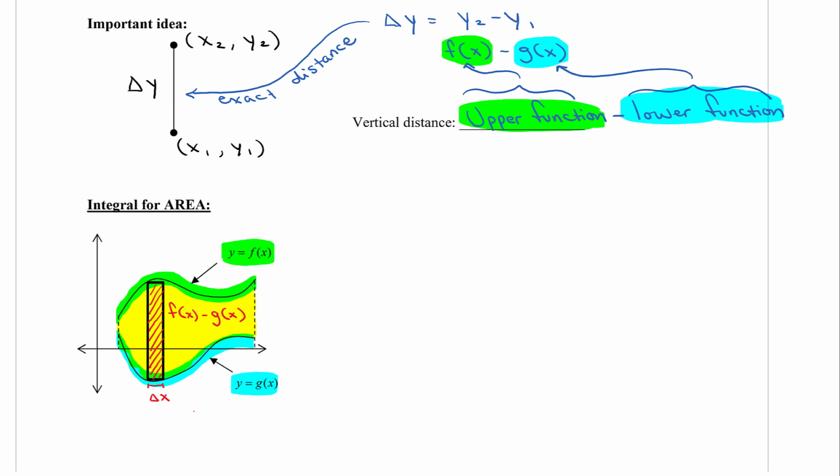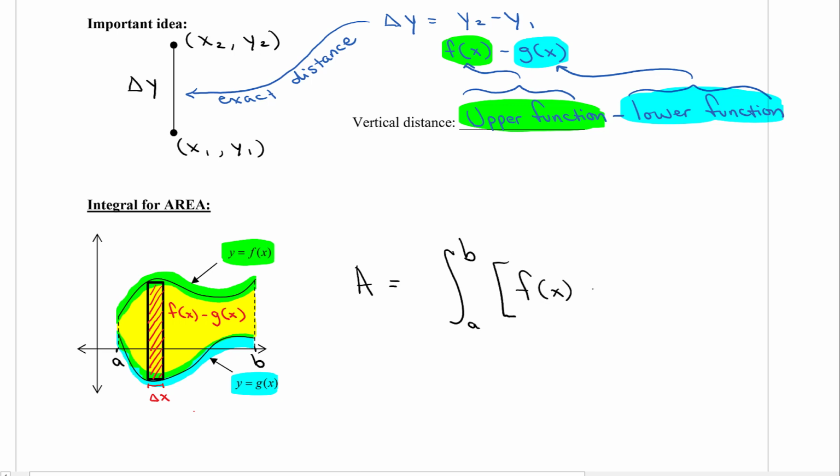And I've highlighted all of that in yellow in between the two functions. And then I've also put little tick marks, and I've written a for my first x value and b for my ending x value to represent that closed interval where these two functions are contained.